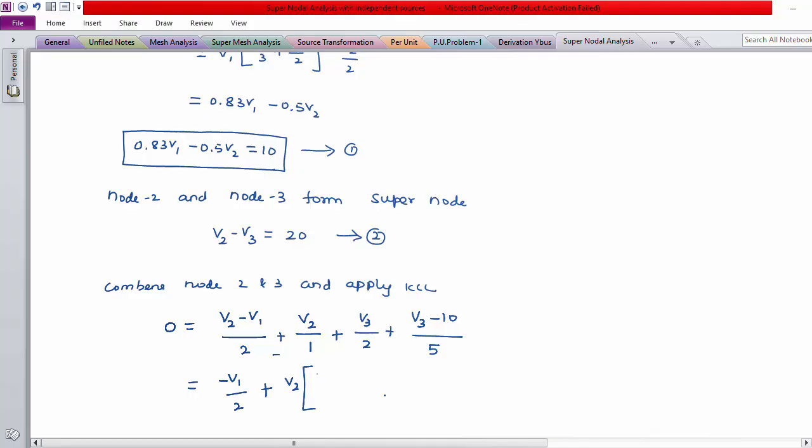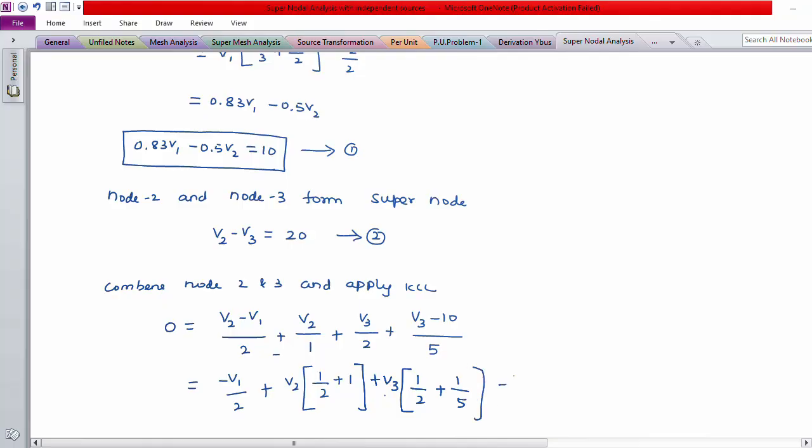So V2 into 1 by 2 plus 1. Then for V3, by taking V3 outside, we will get 1 by 2 plus 1 by 5.